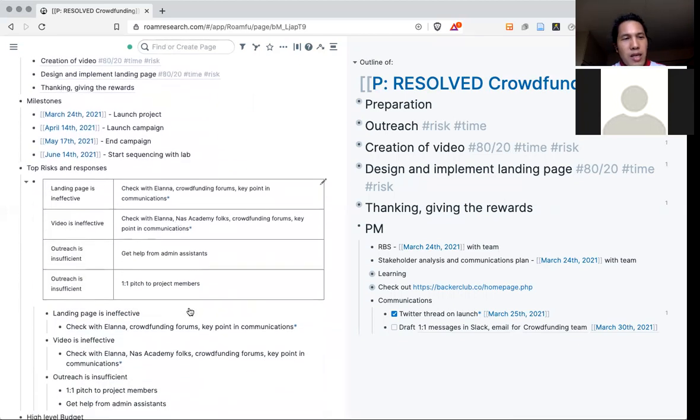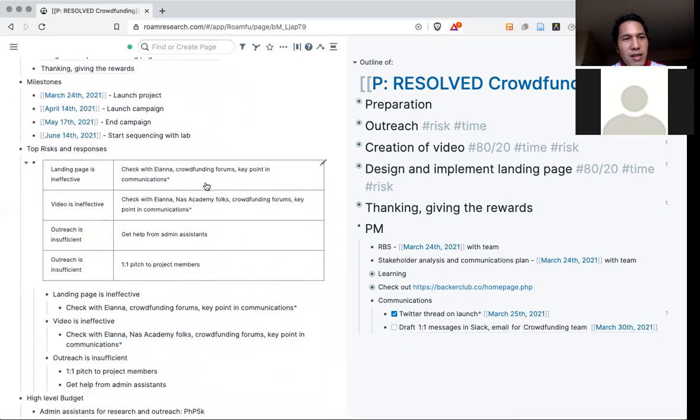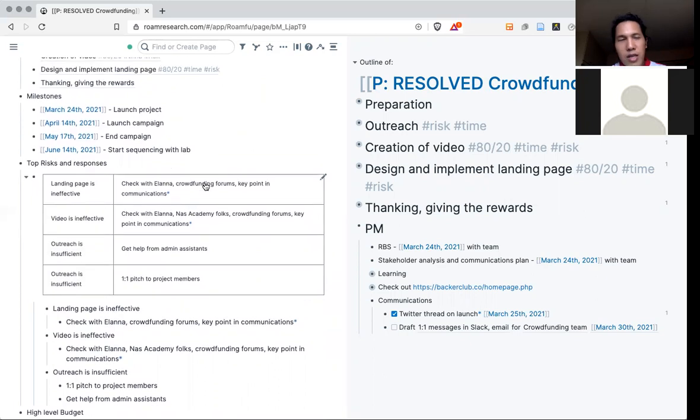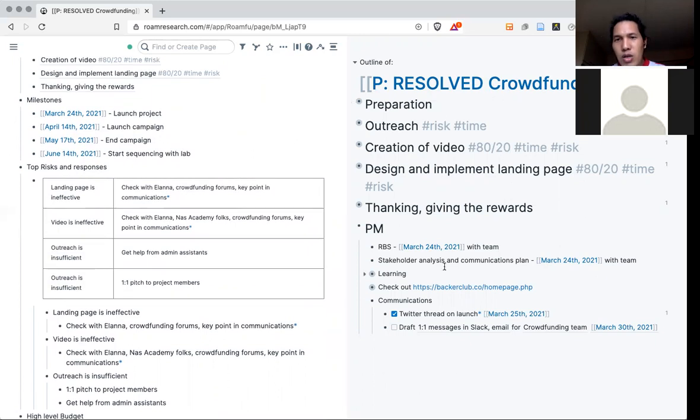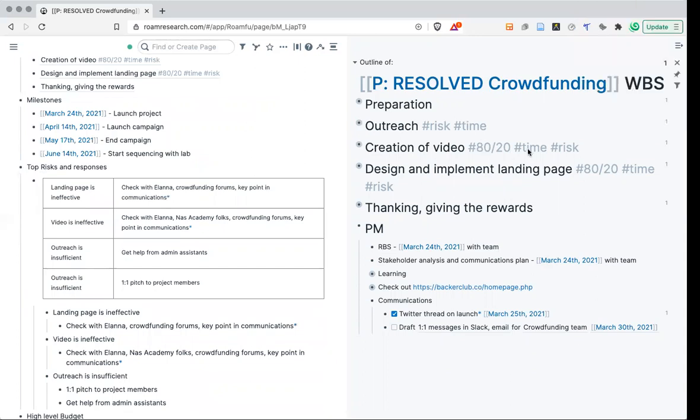That's basically the project. And then the top-level risks. As I was creating the work breakdown structure, I realized that the 80-20 here is really the creation of the video and the landing page. If we fail to make a good video and a good landing page, no matter how much traffic we bring in, we could not convert it to donations.